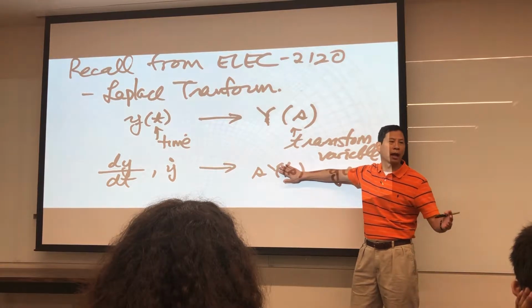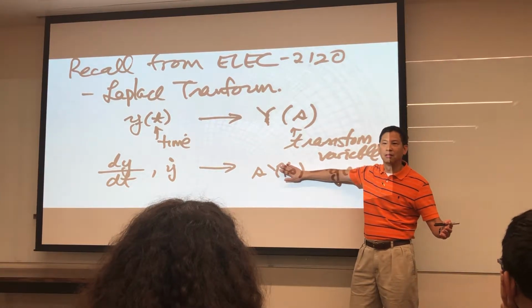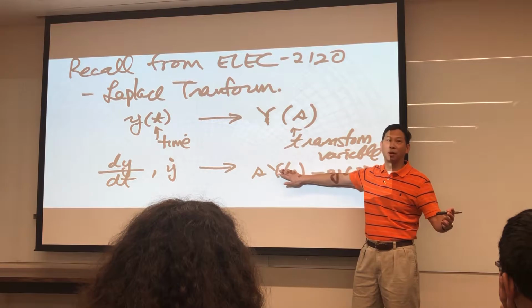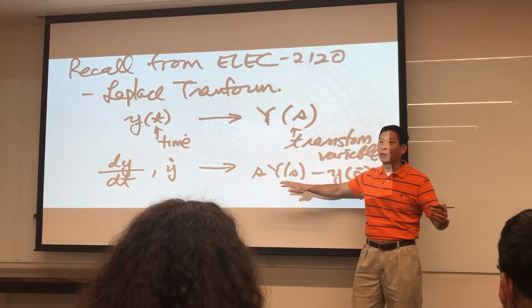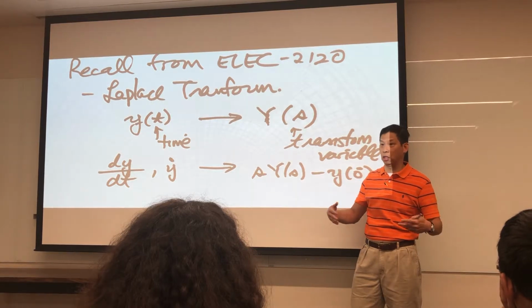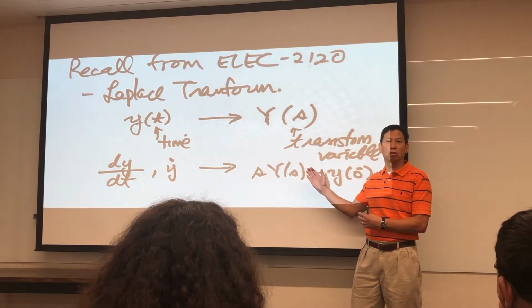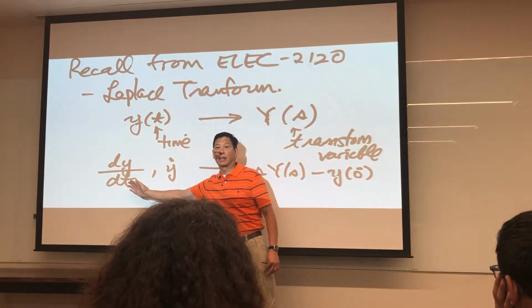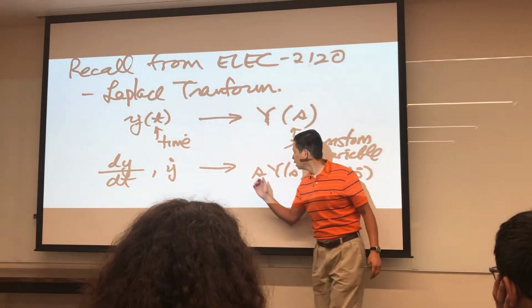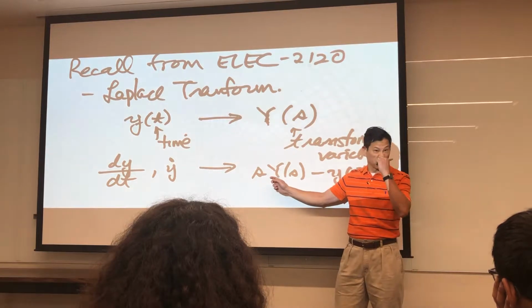Now, multiply is what kind of math? Algebra. That should please us because generally we think algebra is easier than calculus. So this is why we use the transform. Instead of having to remember all our calculus, we can use algebra to solve things.